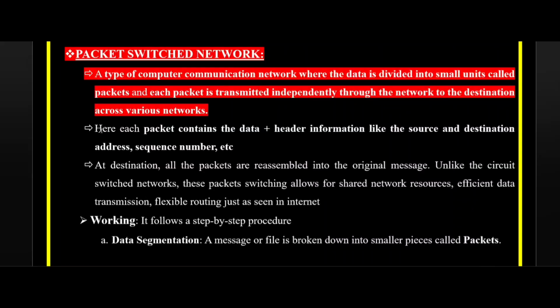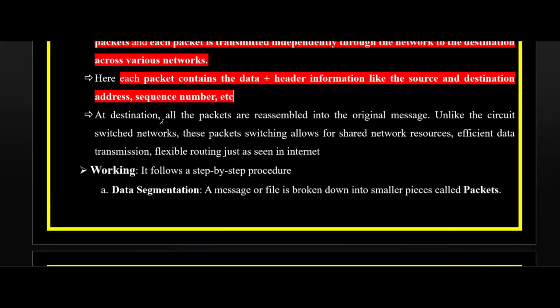In packet switched networks, each packet contains the data plus header information. The header information is the source and destination address, sequence number, etc. The header information helps each data packet to transfer from source to destination. As the entire data is broken down into packets, each packet is moved from source to destination.